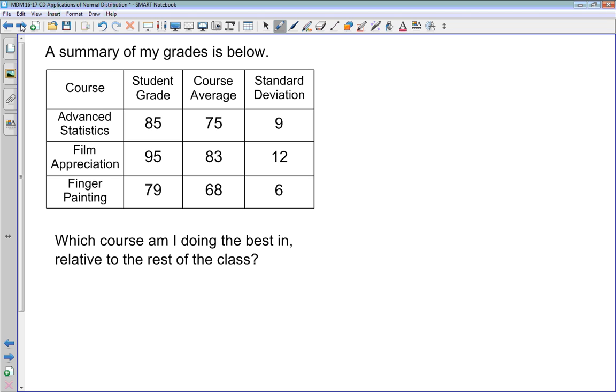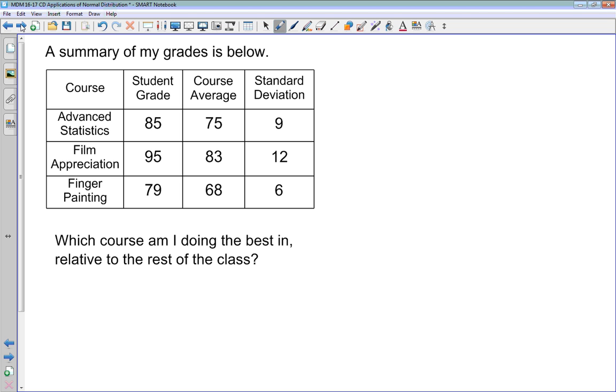How likely am I to be that far above the average just by random chance? It could be that there's a lot of people who are really far above the mean in film appreciation, so it's not all that special for me to be that far above the average. So z-scores give us a handy way of doing that, taking my mark, the course average, and the standard deviation all into account and getting a single number that we can compare.